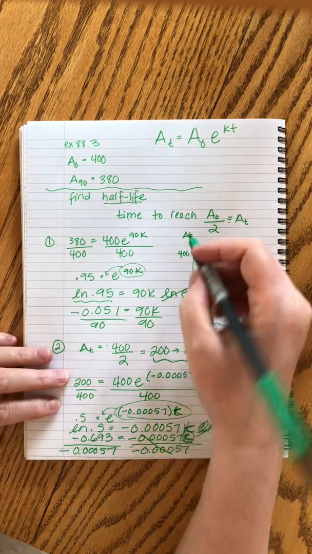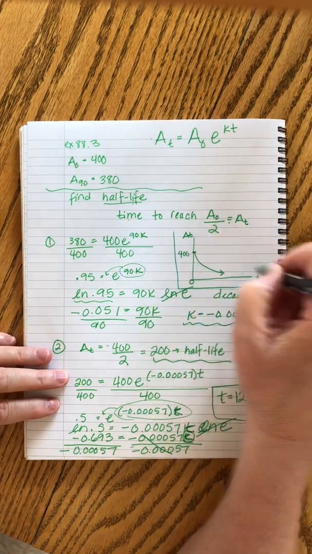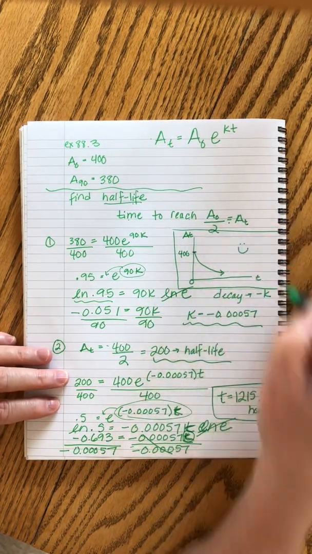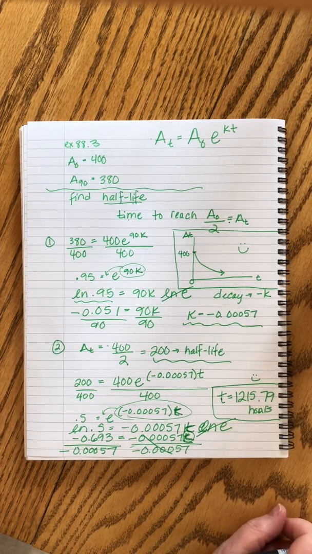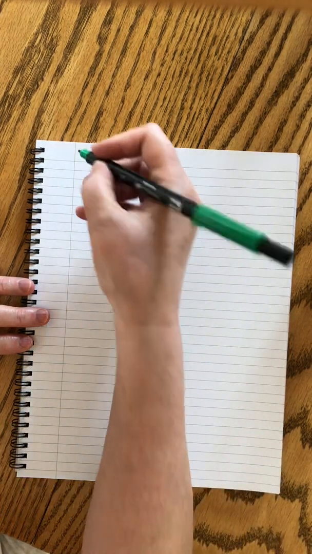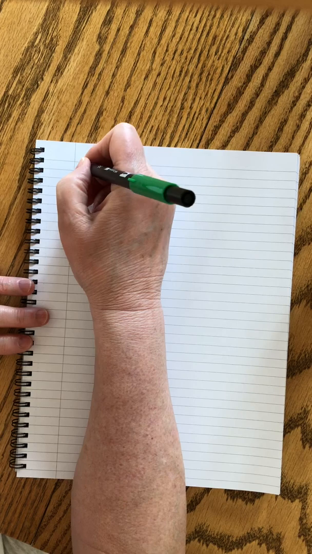That's enough of a graph to make John happy. This, to me, is the more interesting calculation. All right, one more. So we saw that decay works exactly the same. You just have a negative value for K, and that shows you how it decreases.